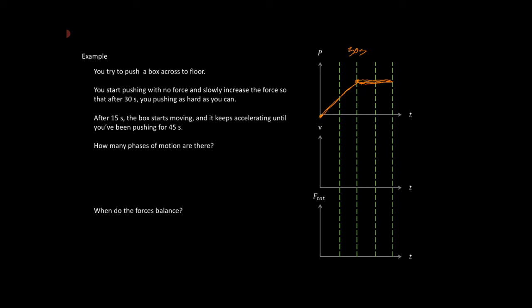Okay. So it starts off, there's no speed, right? It's not moving. It starts accelerating, comes up here, and then it keeps accelerating after your maximum speed, after you've got the maximum force on it.